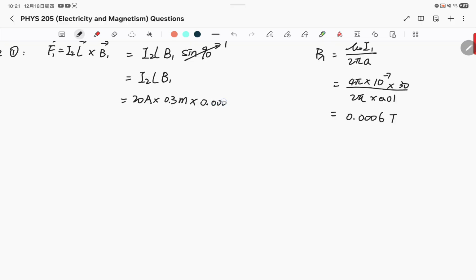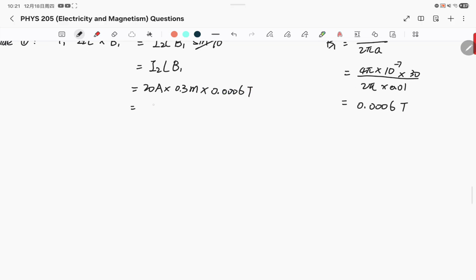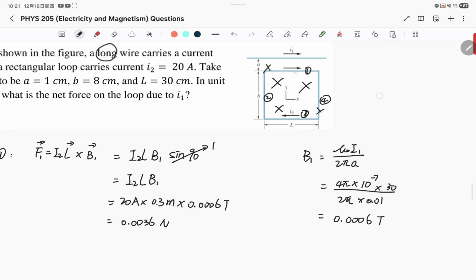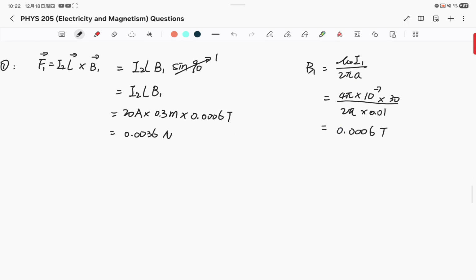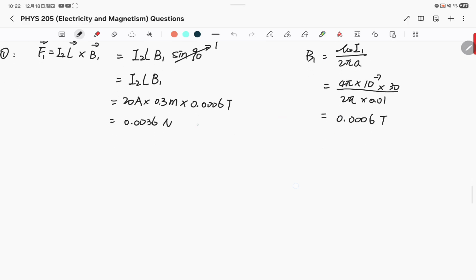And that gives me around Newton. What's the direction? Well, use your right-hand rule. Current flowing to the right, that's your index finger pointing to the right. Magnetic field goes into the page, your middle finger goes into the page, and your thumb points north. So that's the positive j direction.